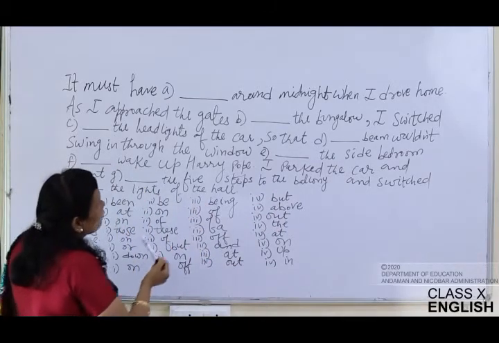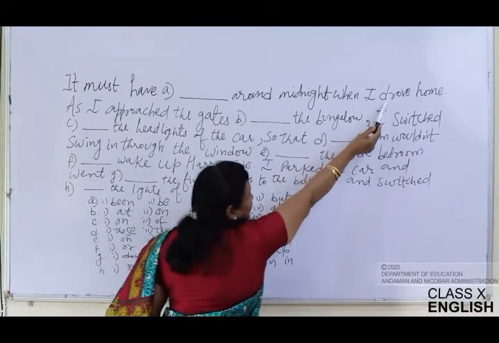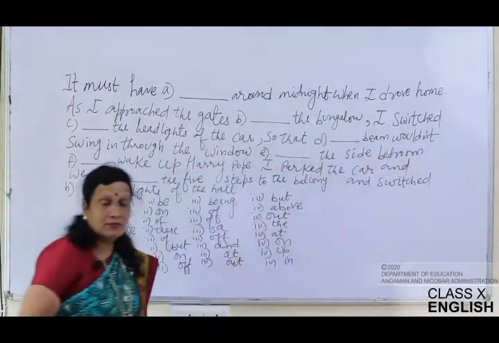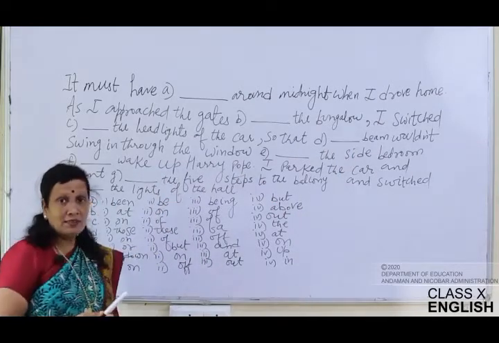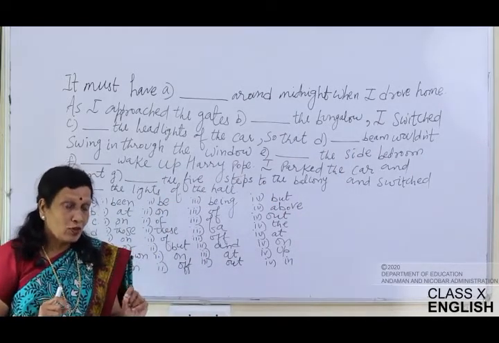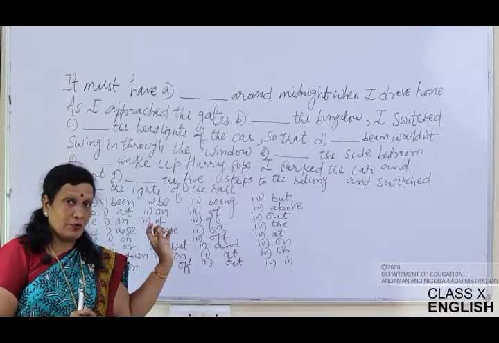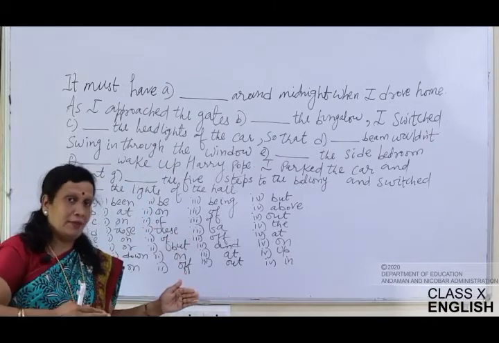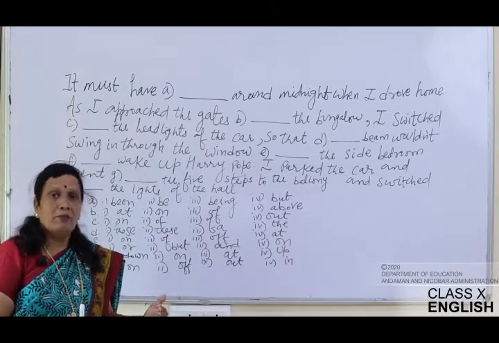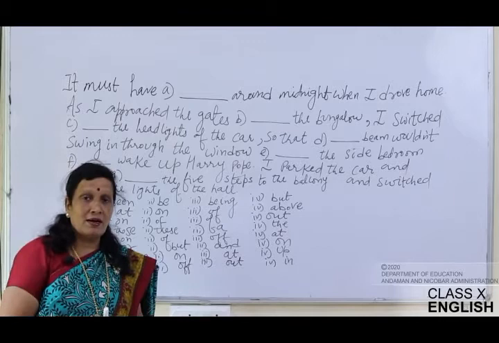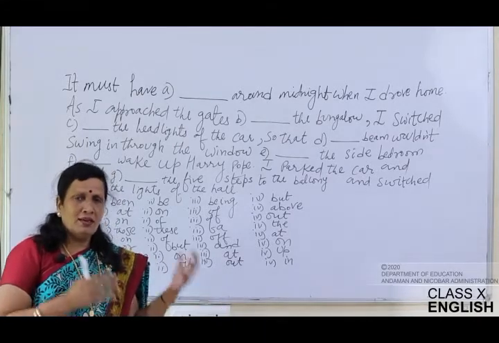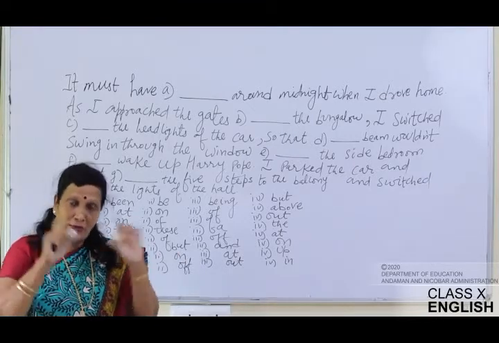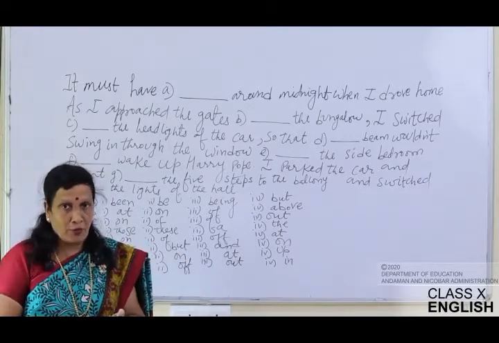So, when you look at these words, drove and switched, you can make a guess of which tense it talks about. It talks about the past tense, right, something which has already happened. He came home at midnight and he parked his car, he went up, he reached his hall. So, this is the theme of the passage, this is what the passage is about.